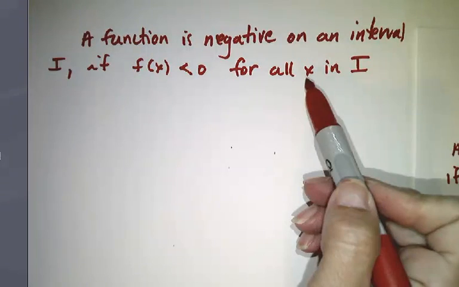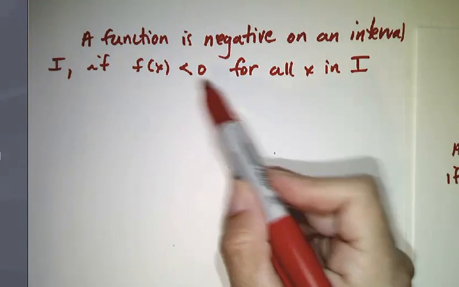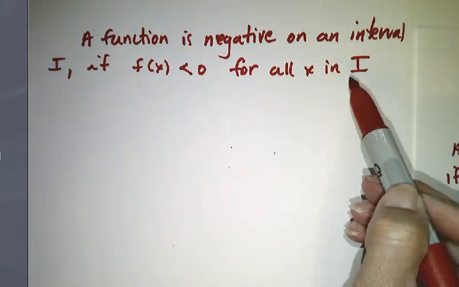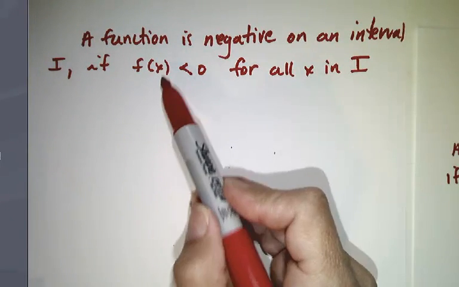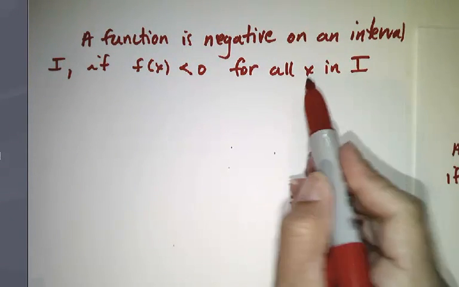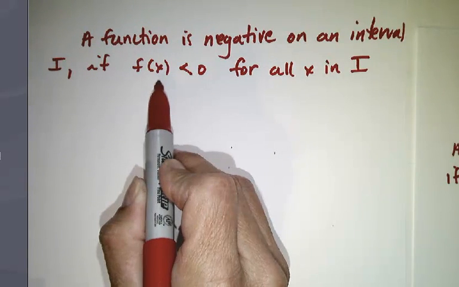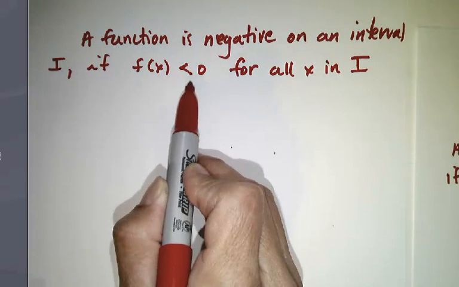So a function is negative on an interval I if f of x is less than 0 for all x in I. So if I asked you where a function is negative, you would give me the x values that send your y values below the x-axis.